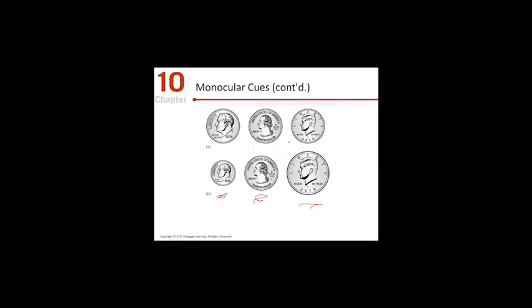The participants were familiar with what size they were. What the experimenters did was they took pictures of the coins, and they shined a light on them, and it made it look like they were big life-size coins. They had participants view these coins with one eye, and then all the coins were the same size. They had the people judge distances based off of their knowledge of the coins.